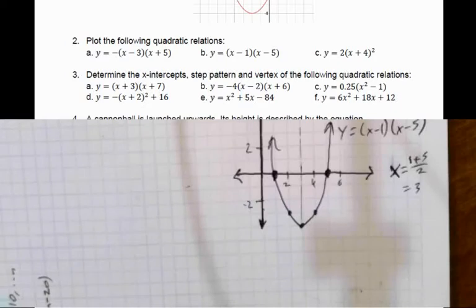C, you'll have to do a little bit of factoring first. And then using your x-intercepts, you can find your vertex. For D, E, and F, you'll have to either expand first and then factor, or factor. And then you can write your x-intercepts, your step pattern, and find your vertex from those as well.